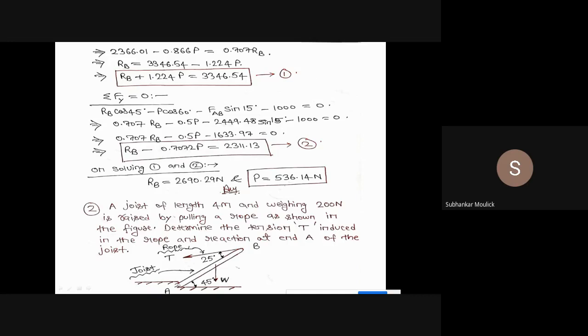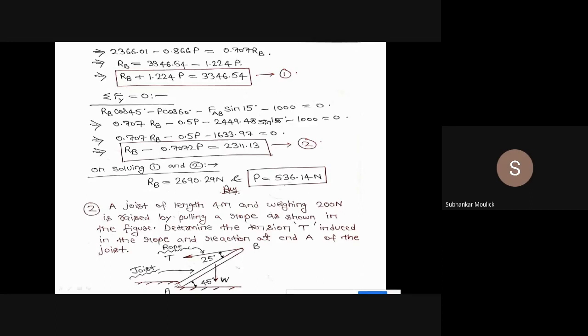So in order to draw the free body diagram, first of all you have to identify the object on which you will insert different forces. So what is your object in this diagram? The joist.